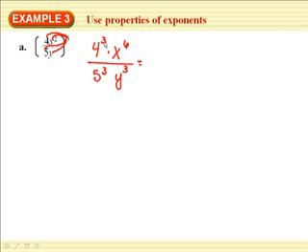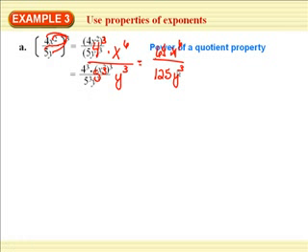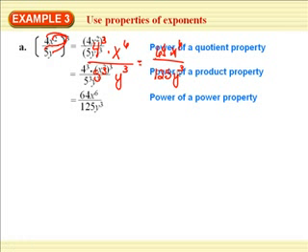So we'll do out our numbers. 4 times 4 is 16, times 4 is 64, x to the 6th, over 5 times 5 is 25, times 5 is 125, y to the third. And I don't think that those reduce. It's just taking them step by step. There's a lot of steps, so don't be overwhelmed when you look at all of this.